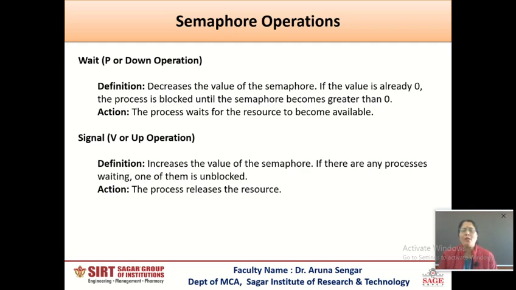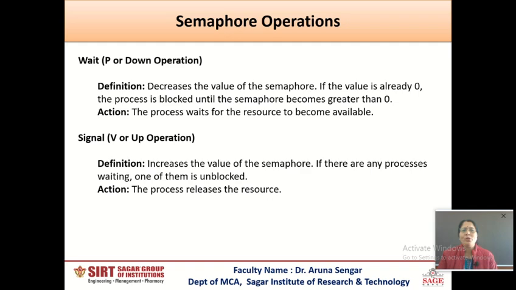And if the semaphore variable has a value less than or equal to 0, it means that no resources are available for processes. So when a new process wants some resource, it should wait because the resources are already occupied by another process.